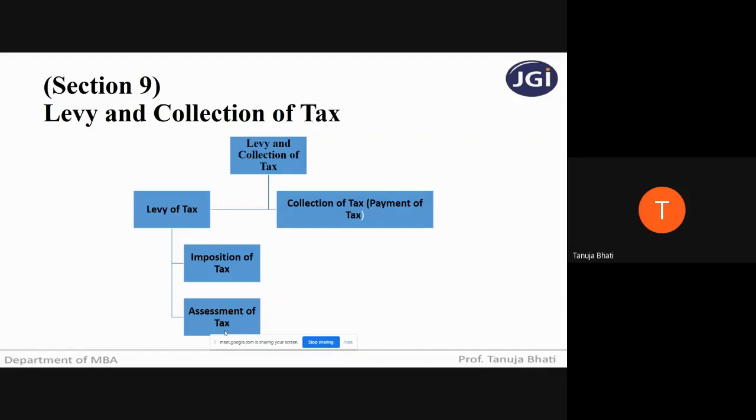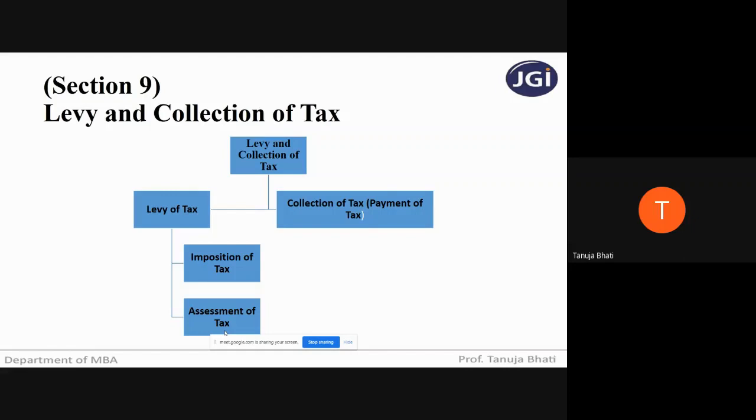Now, what do you mean by imposition of tax? Imposition means charging the tax on a particular transaction, levying the tax on a particular transaction. On those transactions, which are nothing but a taxable event, where you are going to charge the tax, it becomes a levy of tax where you are imposing the tax.